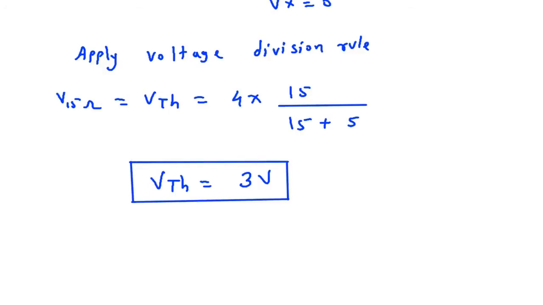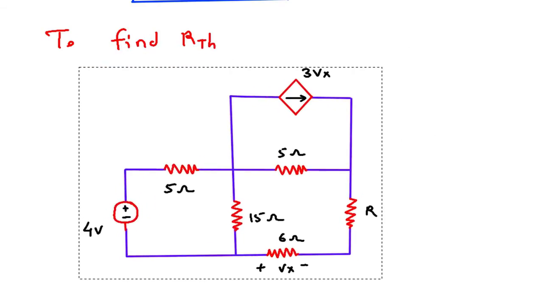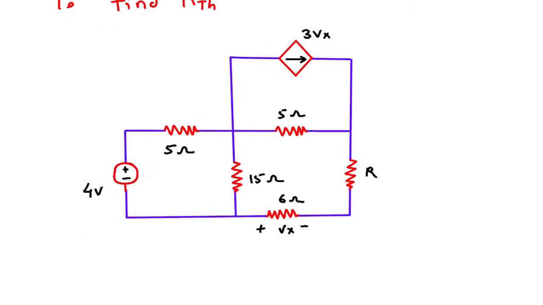Next we have to find RTH. To find RTH, here we can see that this is a dependent source. So to find RTH, here we will consider a 1 ampere current source. Now let's say this is node V1 and this is node V2.